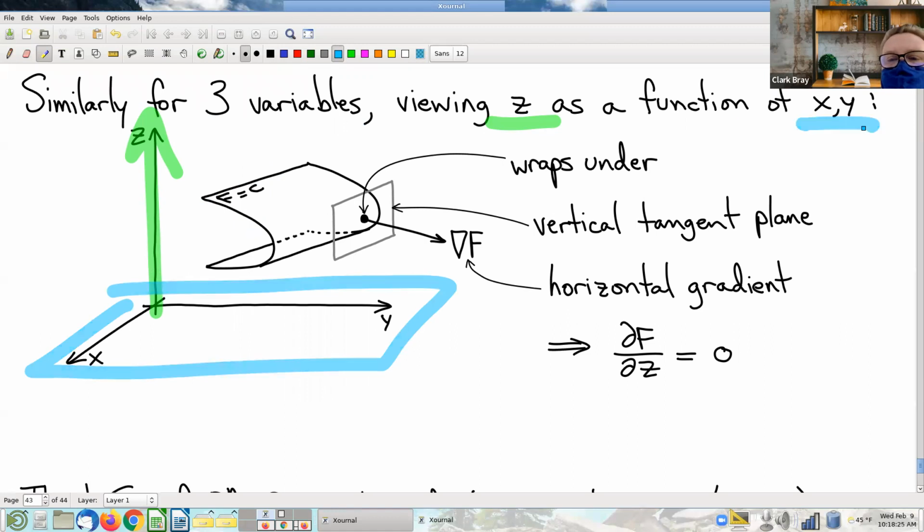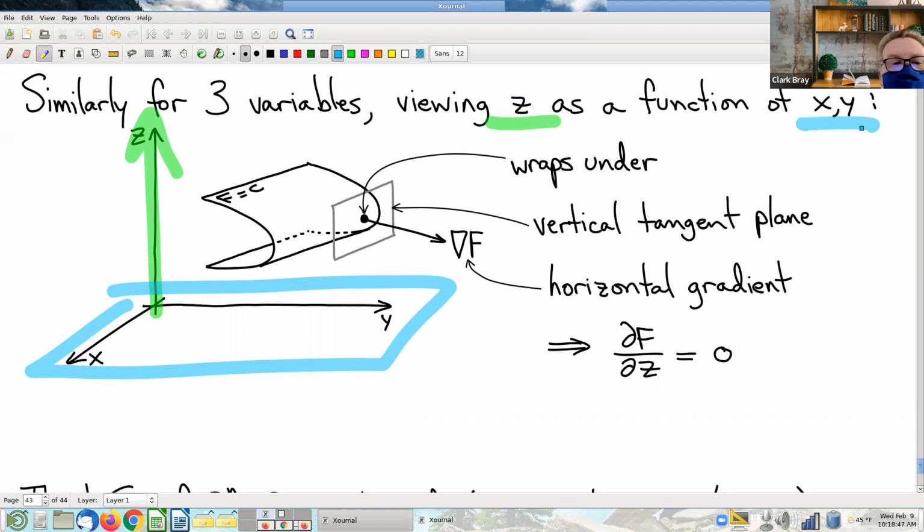Is that something that I can do? Am I allowed to talk about the partial derivative of z with respect to x, perhaps? Again, you can't just decide, hey, I think I'd like to do this. I think I'll go ahead and do it, right? You've got to establish that it is a function before you do something that only applies to functions.